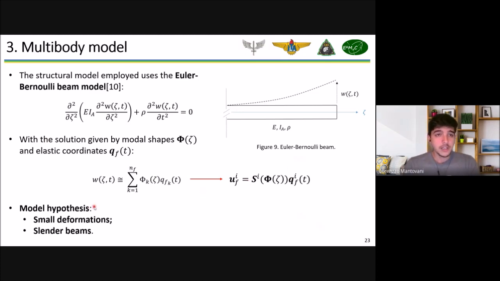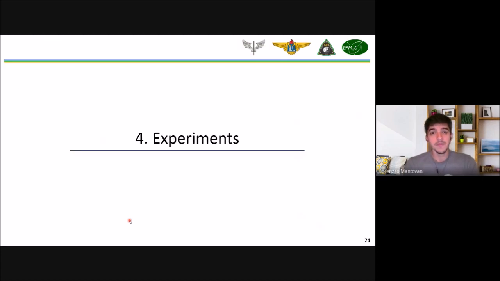But the important part about the structural model is that we have some limitations. First, the structure should be slender beams, and that's okay. We know that sports booms can be treated as slender beams, but it also allows just small deformations, and this is a hypothesis we have now, that the booms will present just small deformations during our simulations.